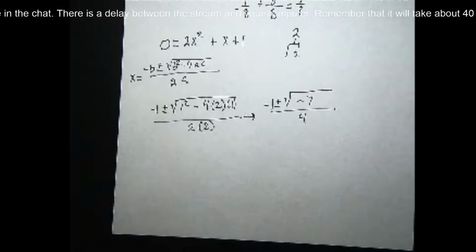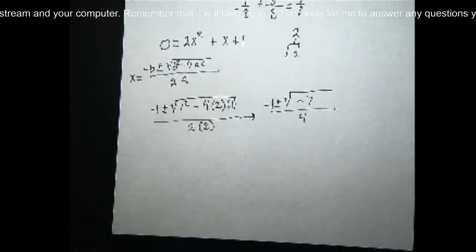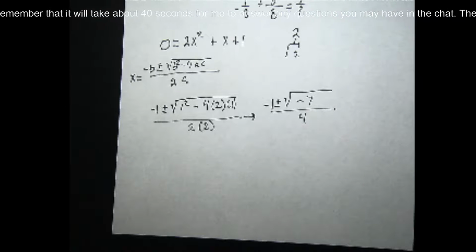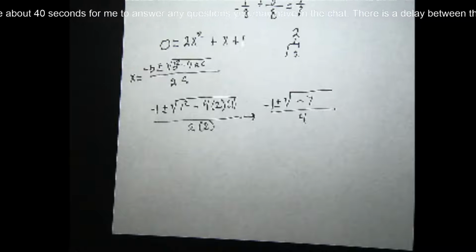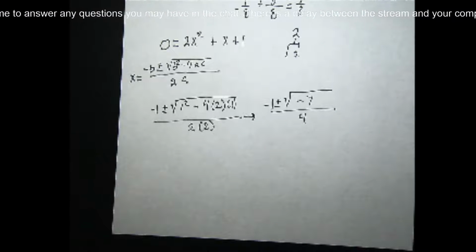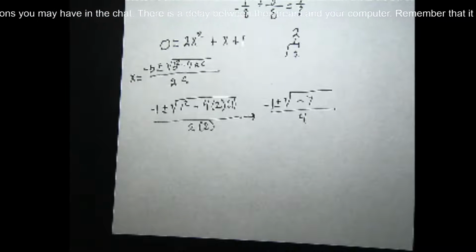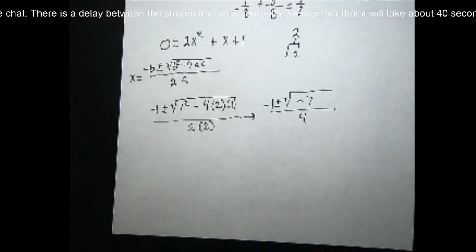Okay? In fact, let's have a computer graph this instead of us and see what it looks like. So, just enter this in real quick. 2x squared plus x plus 1.